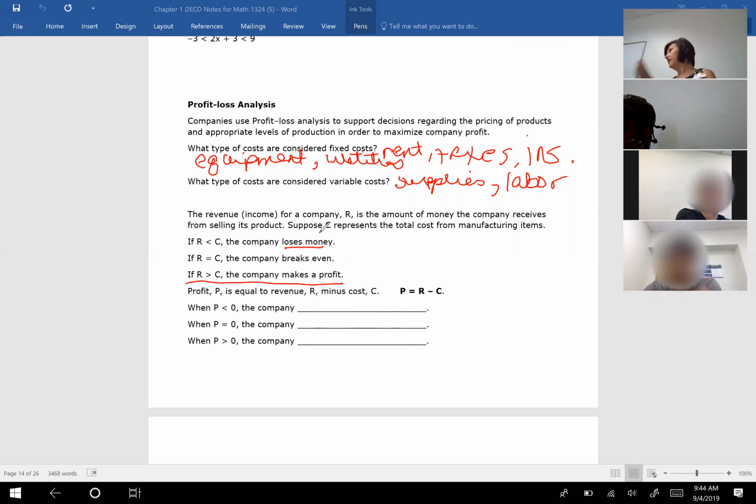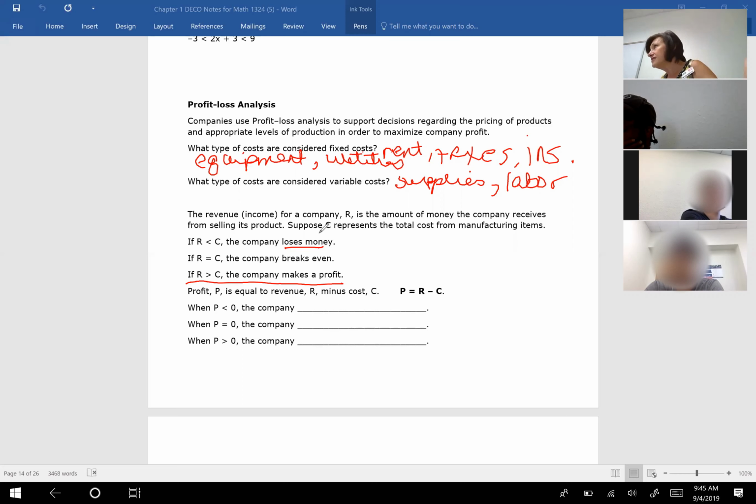Now, if you are starting a company, are you likely to make a profit on day one? No. If you've heard of startup costs, usually if you're going to start a business, you need to understand you've got to have backup funds to carry you over in the beginning, because it's going to take a little while for your revenue to reach a point that it covers your costs.